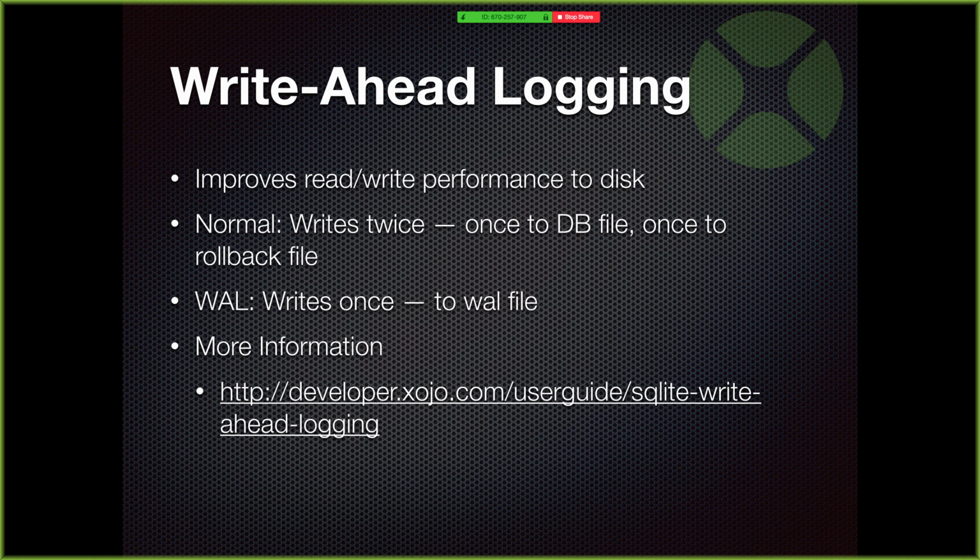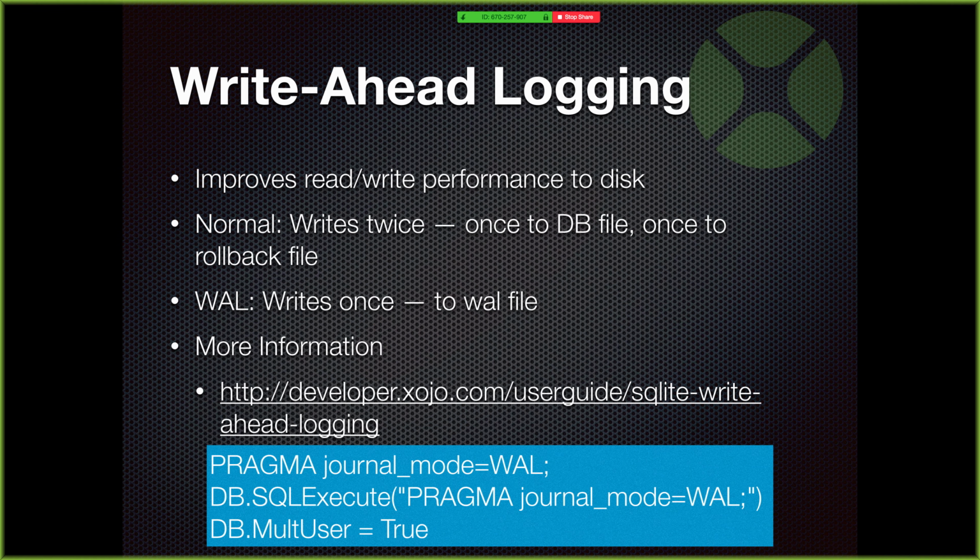You can read a bit more about this in the Xojo user guide. There's a section on this. And there's a few different ways you can enable it. If you're just using SQLite yourself or through some tool, you can use the journal mode Pragma to turn on write-ahead logging. And if you're in Xojo, you can just execute that Pragma using the SQL execute command.